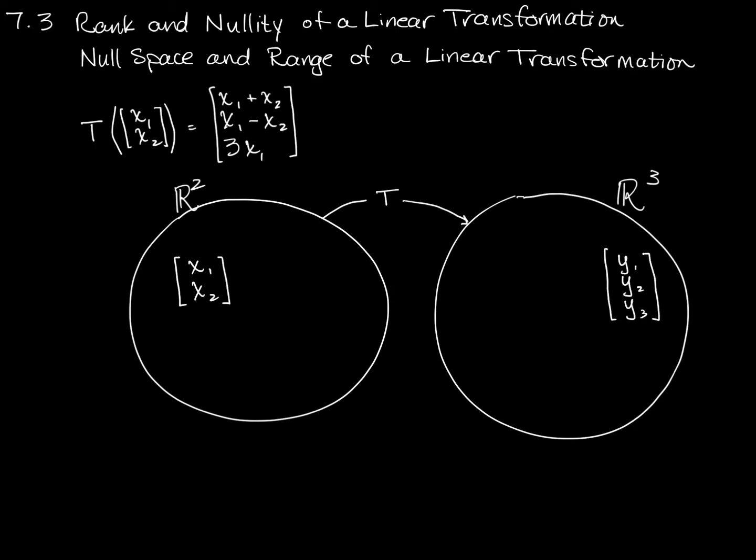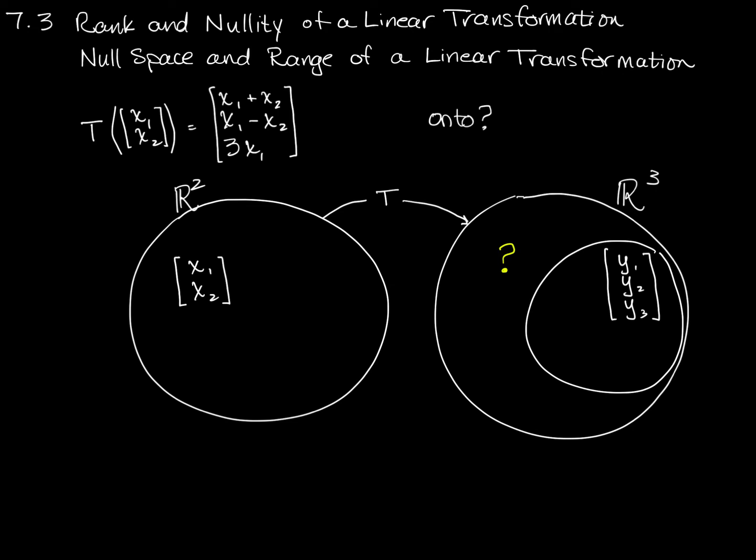And the question is, to determine whether it's onto, is there anything in the space out here? My output's going to look like this. If there is, then this transformation is not onto.